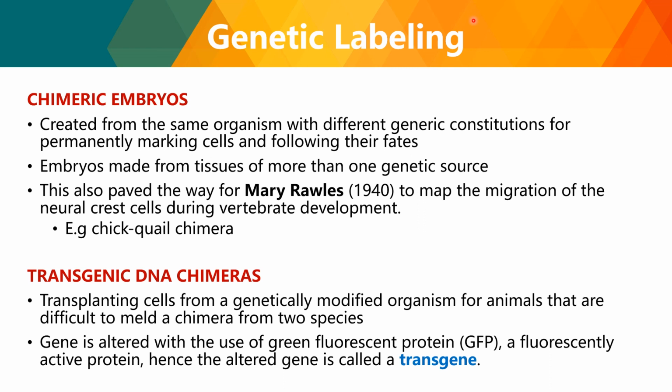So, embryos made from tissues of more than one genetic source, and this actually paved the way for Mary Rawls to map the migration of the neural crest cells during vertebrate development. So, an example of these chimeric embryos are the chick and quail chimeras.